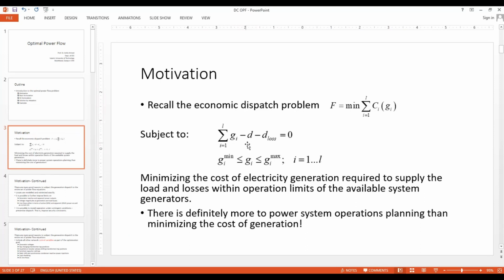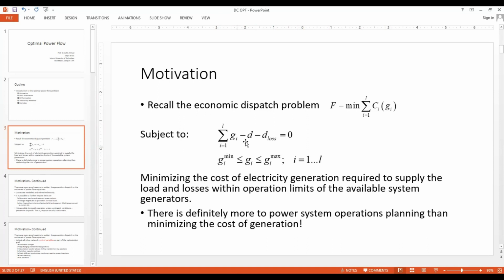Then this was the real power demand minus the transmission loss, T loss. And this was represented by an equality constraint, whereas there were some inequality constraints in terms of the maximum and minimum limits of individual generating units. So this was the objective, this was the equality constraint, and these were the limits.